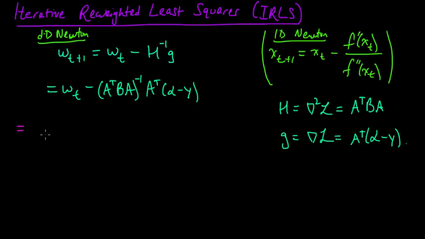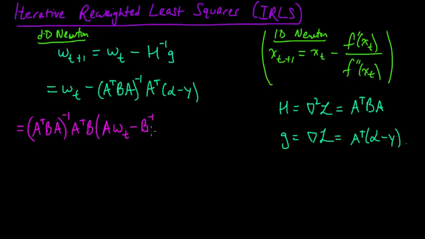So let's rewrite this. Let's factor out of the first part the inverse and A transpose, and let's also factor out a B. In order for all this to cancel, we're going to need A times w_t here, and then when we multiply that, that will cancel.